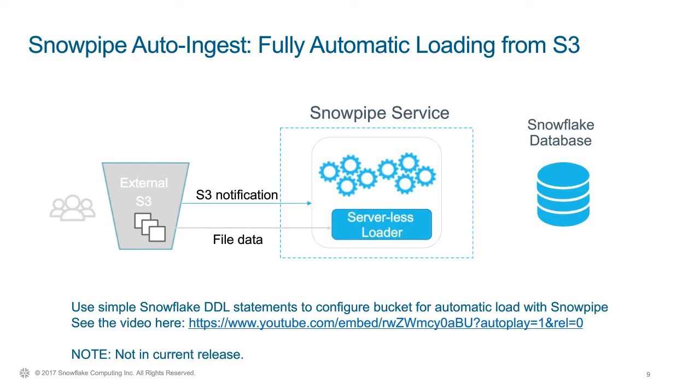And the typical expectation here is that within about a minute after you've sent us the notification, either through the REST API or through the SQS queue in the case of option 1, you would see the data show up in your target table in about a minute after that notification was placed.